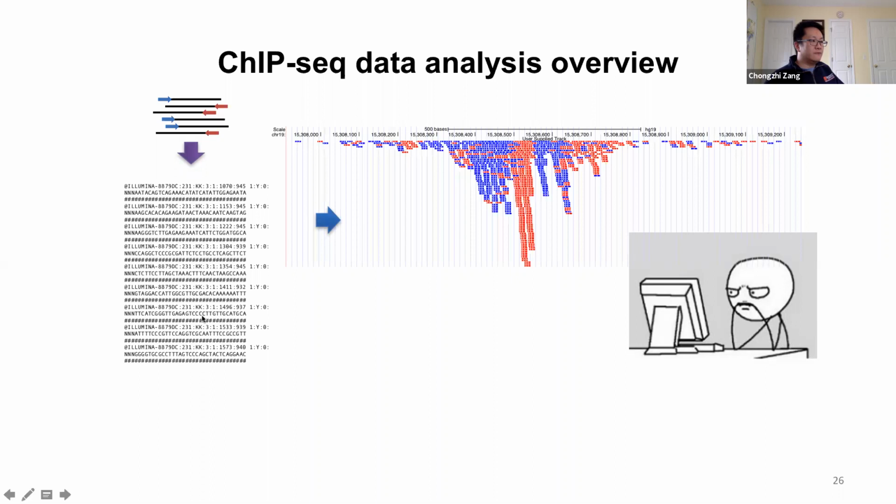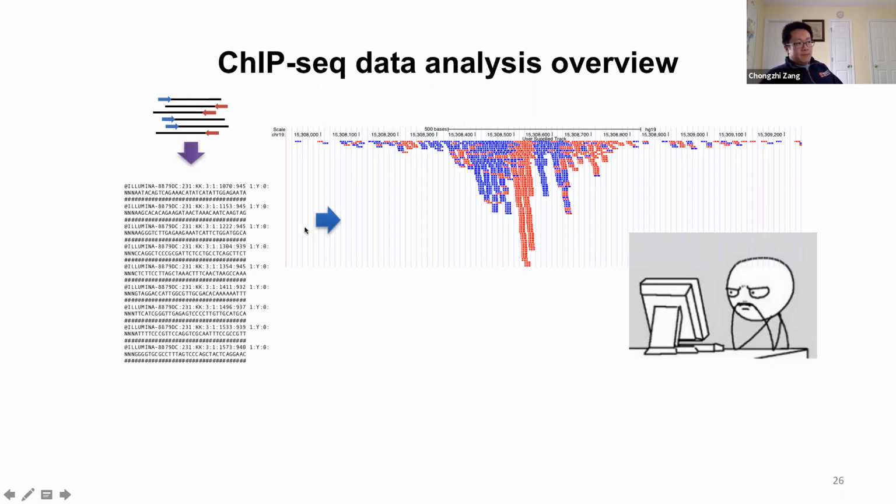The first step is to align all of the sequence reads back to the genome. In most cases, we use the reference genome so that we can determine the genomic chromosomal location each of the reads comes from.